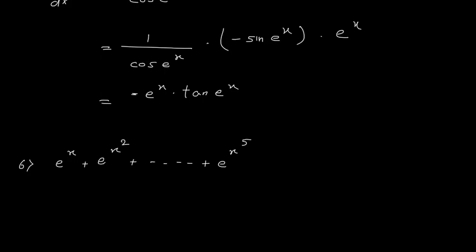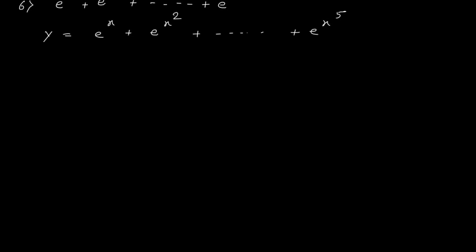Sixth problem is e power x plus e power x square plus dot dot dot, up to e power x power 5. So here again we will take y is equals to e power x plus e power x square plus up to e power x power 5. Now we differentiate, we get dy upon dx is equals to, now derivative of e power x is e power x, plus derivative of e power x square. This is a composite function.